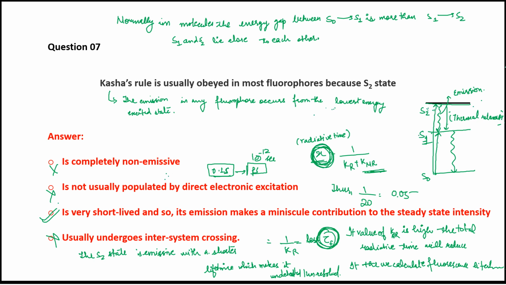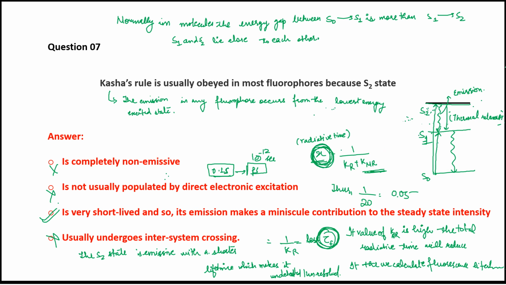But from the S2 state, there are two processes that happen. The first one is radiative, and the second is non-radiative relaxation. Since the energy gap is less, which may also be one of the reasons, the non-radiative relaxation occurs very fast. In this non-radiative relaxation from S2 to S1, it reaches the S1 state immediately.